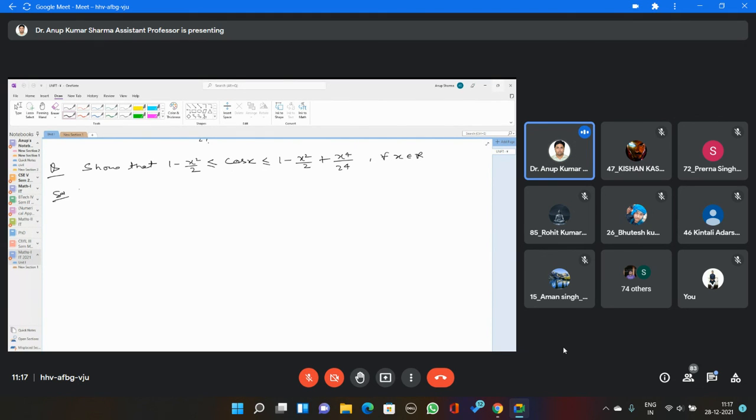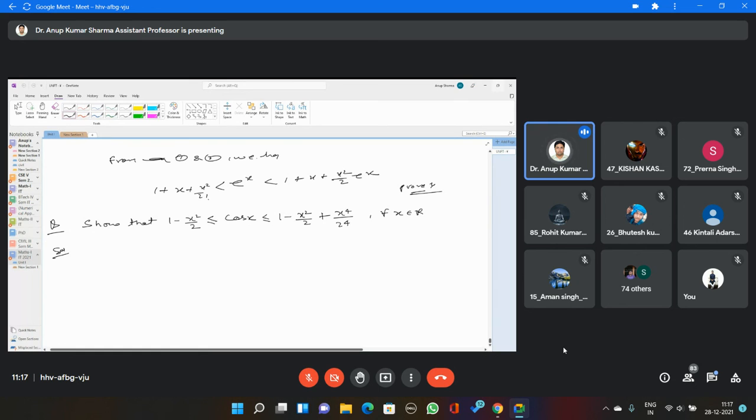One more similar problem you can try; I will solve this cos problem.